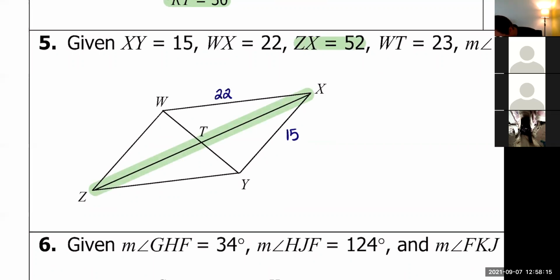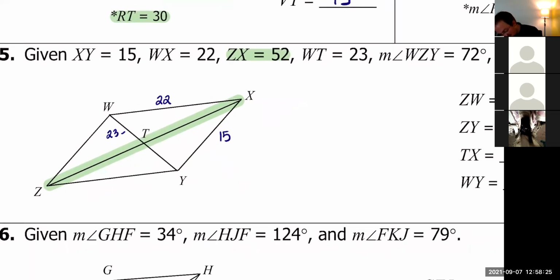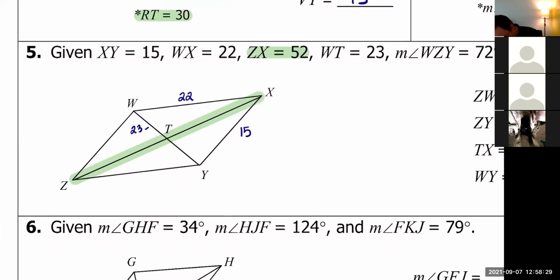WT, which is this little segment inside part of the diagonal, is 23. Measure of angle WZY, which is this whole angle over here in the bottom left corner, is 72 degrees.